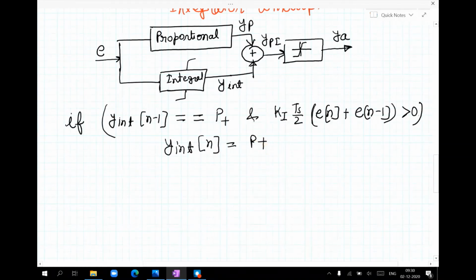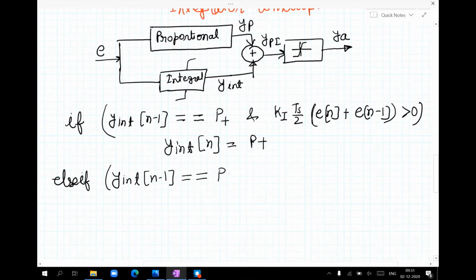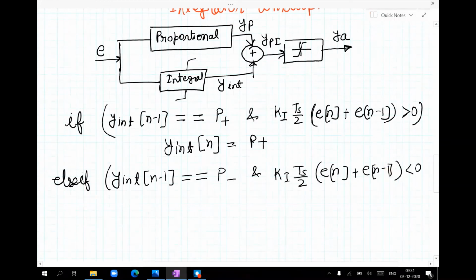If the first condition is not true, then we have to check whether the previous sample is equal to P- and the area under the curve for this sample is less than 0. Then we can make the output of the integrator for this sample equal to the negative limit.